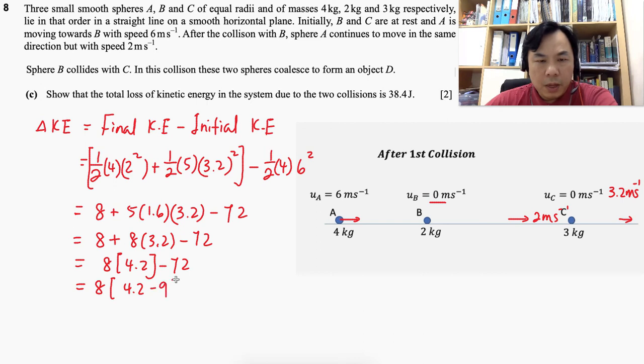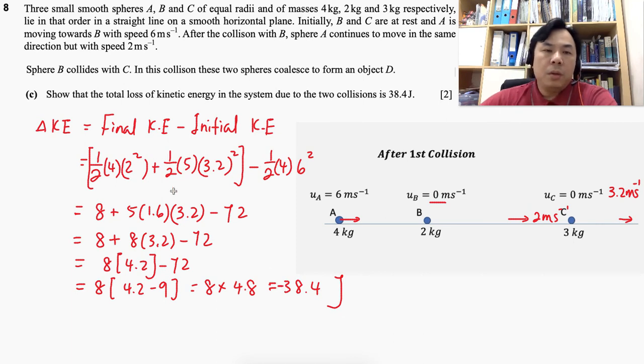That will be a 9, so that will be by the 4.8 then. So that will be, oops, that will be 38.4, 38.4 joule there. Now it is negative because the change in kinetic energy is negative.